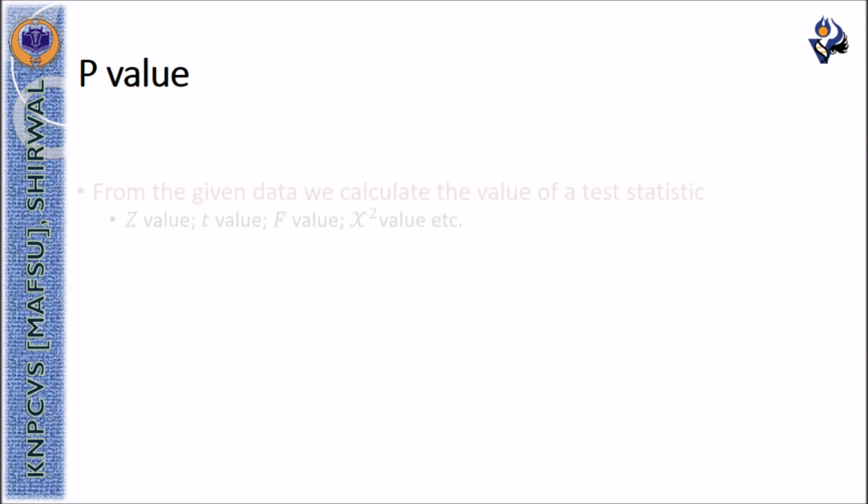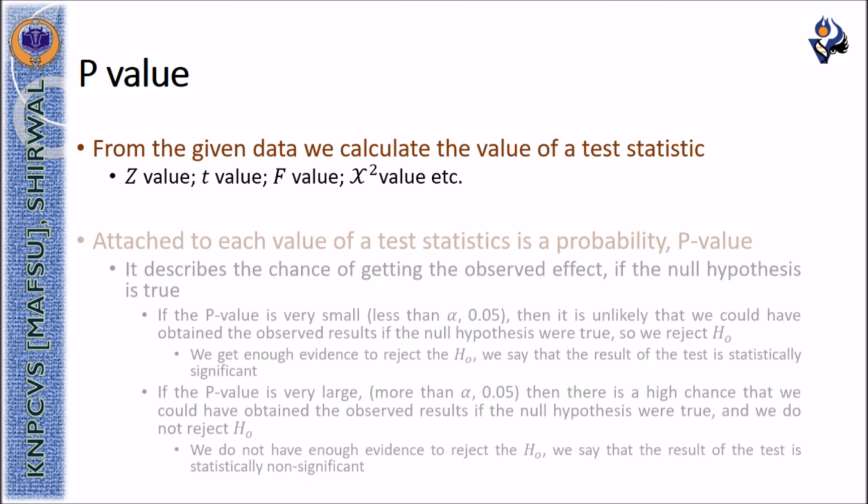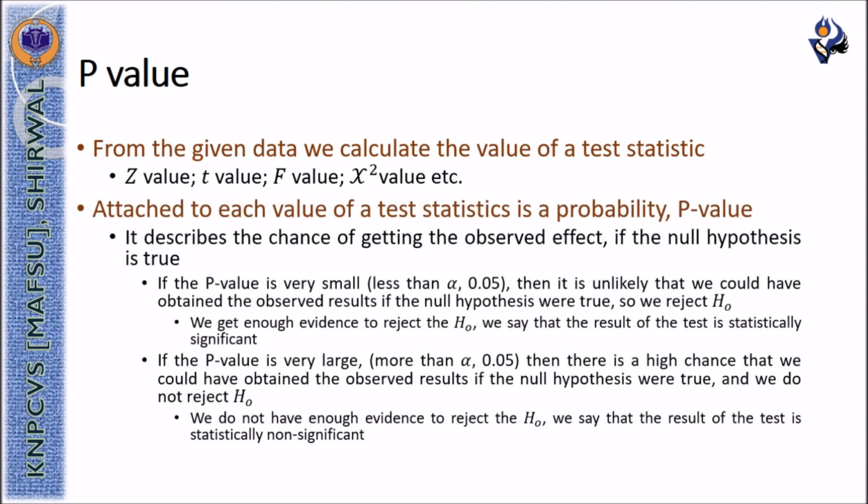P-value. From the given data, we calculate the value of a test statistic, say Z value, t value, F value, or chi-square value. Attached to each value of a test statistic is a probability, that is p-value. P-value describes the chance of getting the observed effect if the null hypothesis is true.